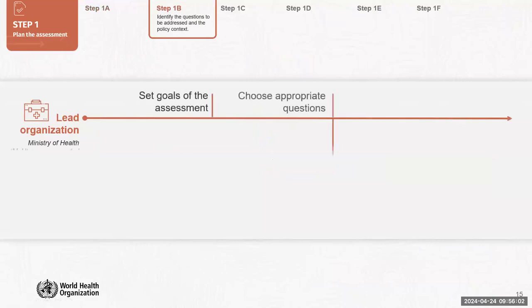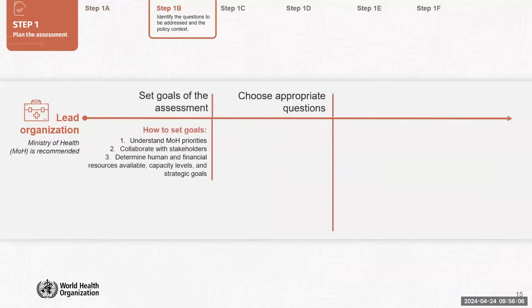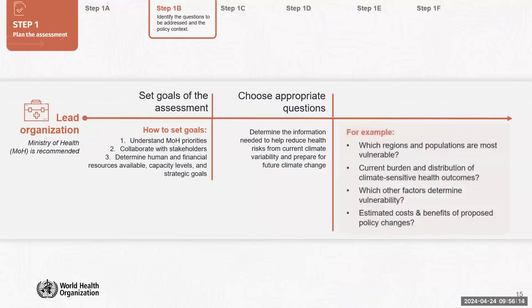Okay, so in this step, we want to identify the questions to be addressed and the policy context. We would need to understand the Ministry of Health's priorities. We would need to collaborate and have a working relationship with our stakeholders, determine the resources that we have.